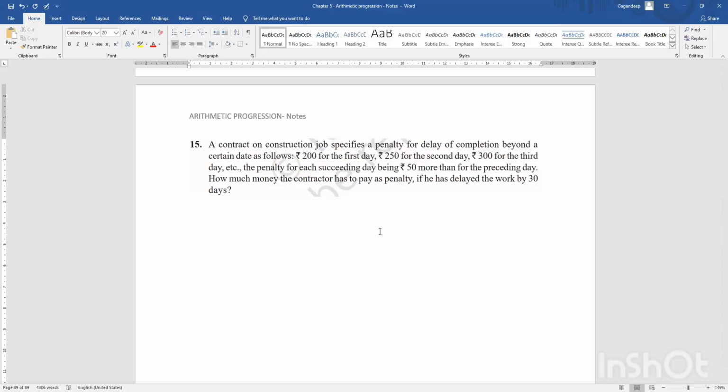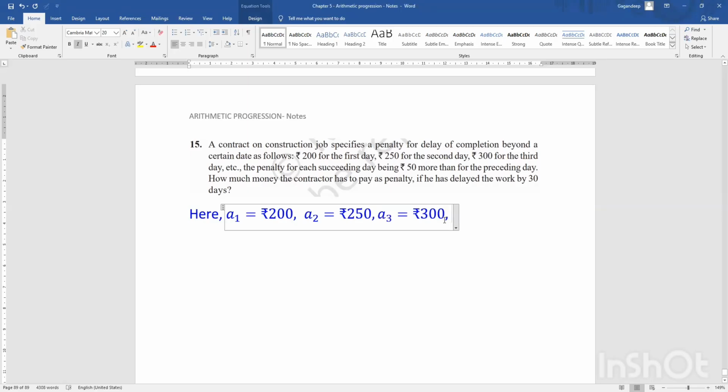Okay. Now let us write that. So here we have a1 as rupees 200. Then we have a2, which is nothing but 250. Then we have a3, which is nothing but 300. And then we have d. d is nothing but rupees 50.